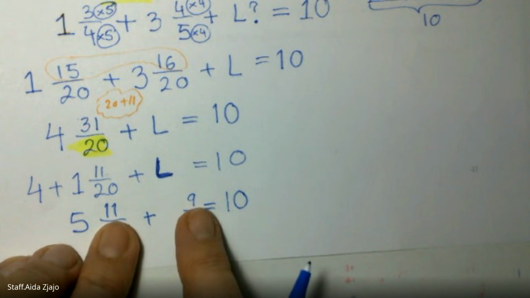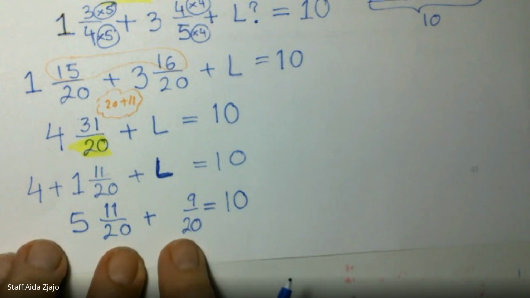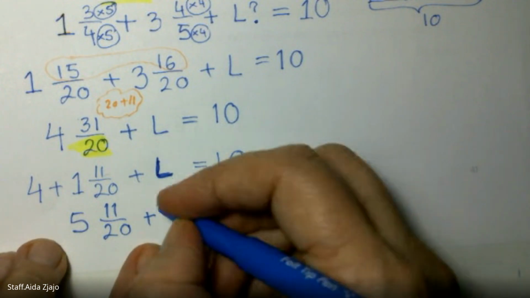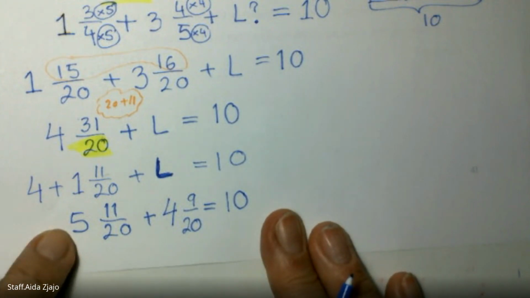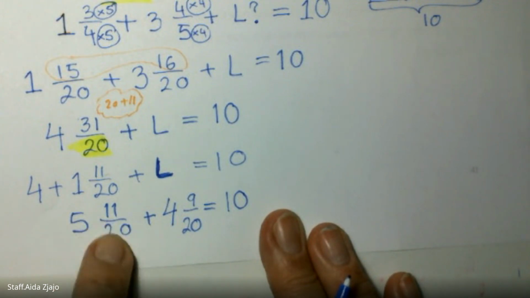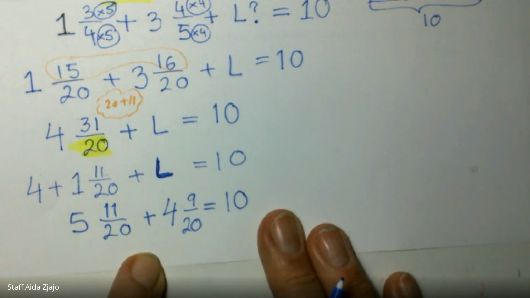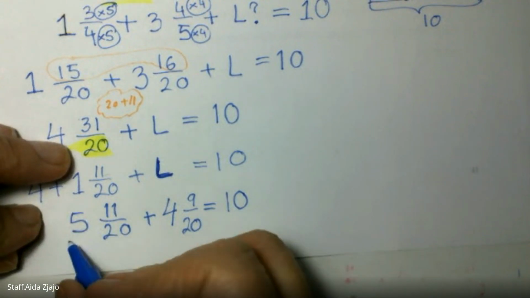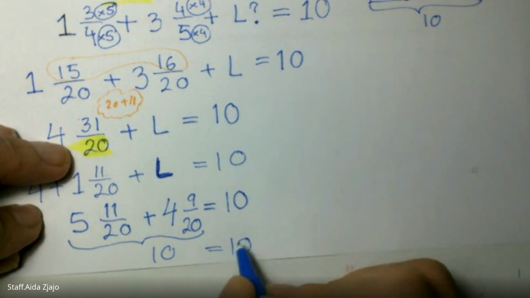So we will have 11 plus 9 is 20 20ths. Now we have 6 wholes, so only what is missing is 4 wholes. Now we can check. 5 plus 4 is 9 wholes. 11 20ths plus 9 20ths is 20 20ths, which makes another whole. So that is equal to 10, and that is a 10.